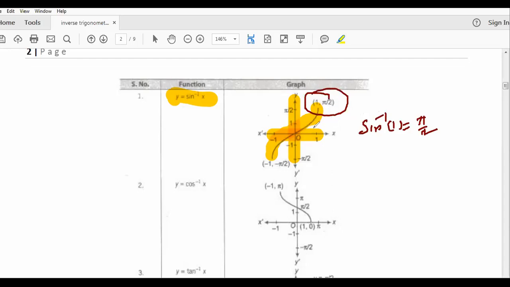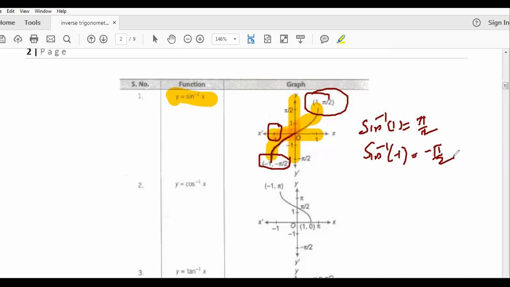Is it clear? And in the third quadrant, when the value of x is -1, the graph goes like this, and when x is -1, the value of y is -π/2, because sin inverse -1 is equal to -π/2.